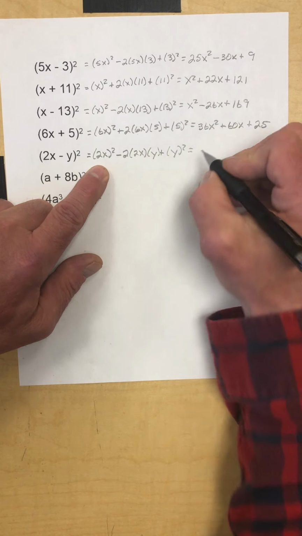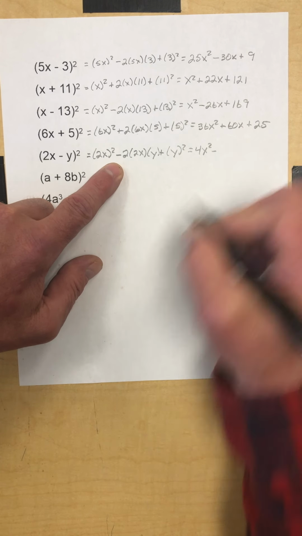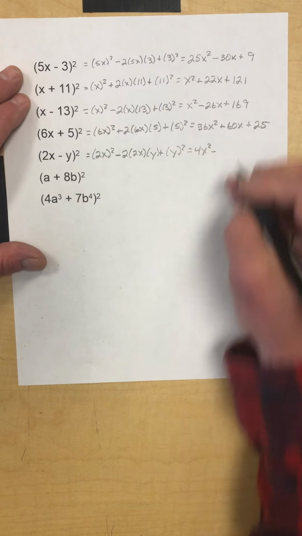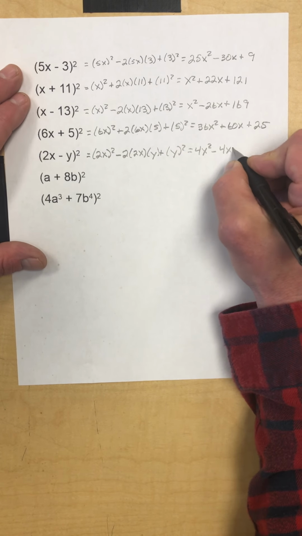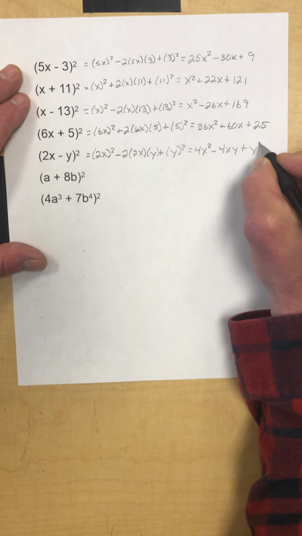So when we square 2x, we get 4x squared minus, let's see, 2 times 2x times y, well, that'd be 4 times xy, so just 4xy plus y squared is y squared.